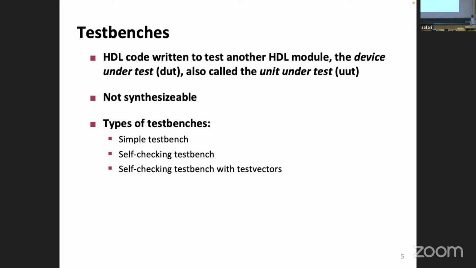Whereas once you come to the test benches, all of these things are virtual elements. We don't expect them to become a circuit. They are there to become a test bench. So they are not synthesizable. They don't have physical correspondence to something.